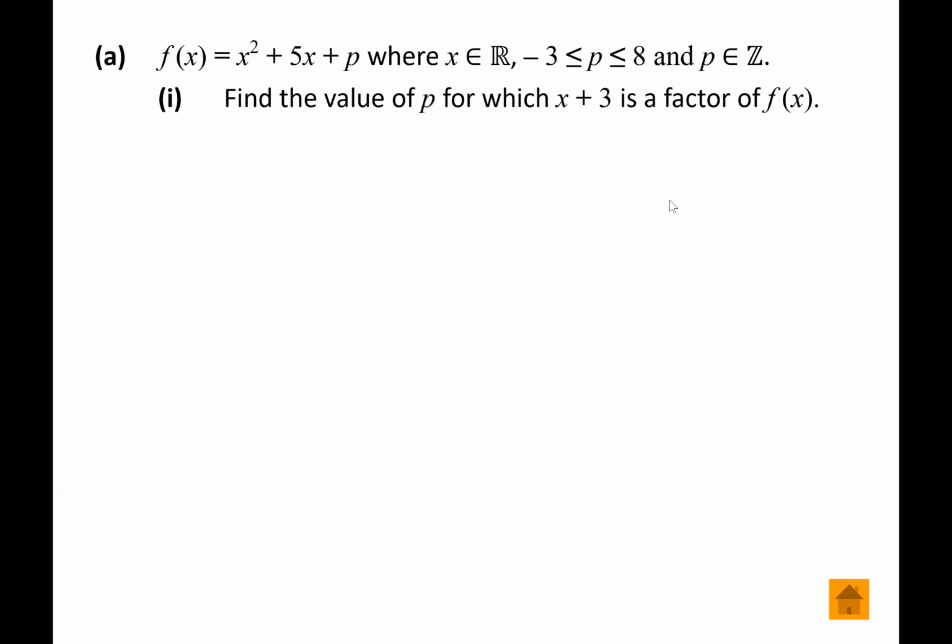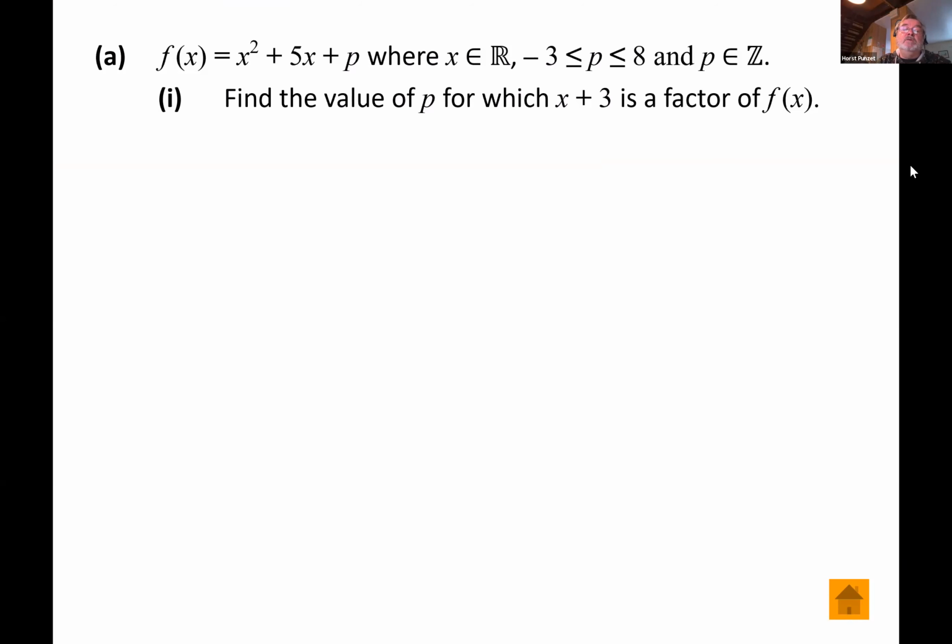We have f(x) = x² + 5x + p, where x is an element of R, so it's real numbers, and p must be between -3 and 8, and it has to be an integer, so a whole number, but it can be positive or negative. Find the value of p for which x + 3 is a factor.